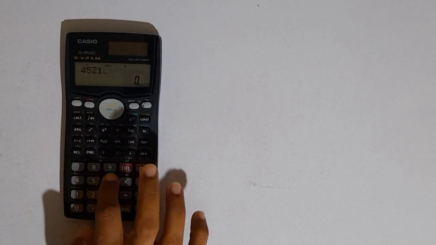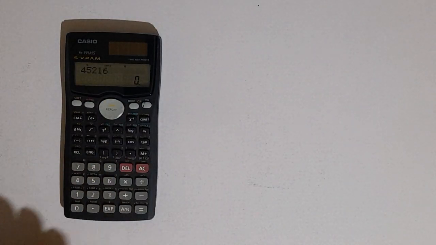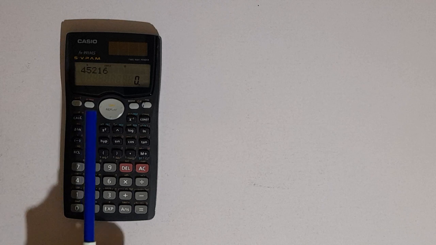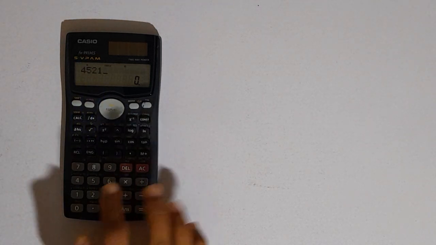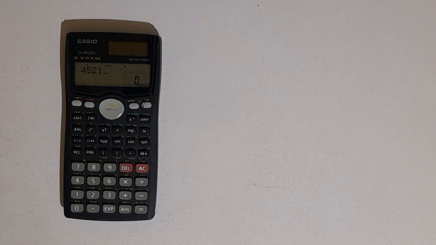Then if we have made a mistake when typing numbers, we can use the DEL key and delete the numbers from the end. If I take an example, think I have made a mistake of typing 6 here, then I can use the DEL key and delete the number 6 here.